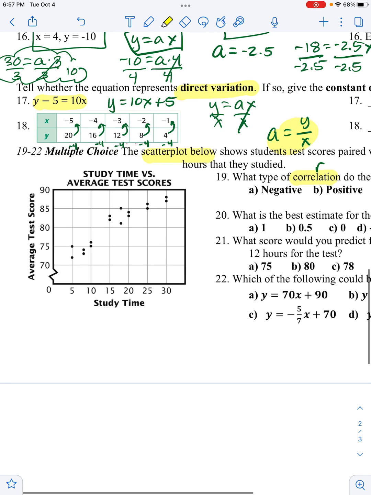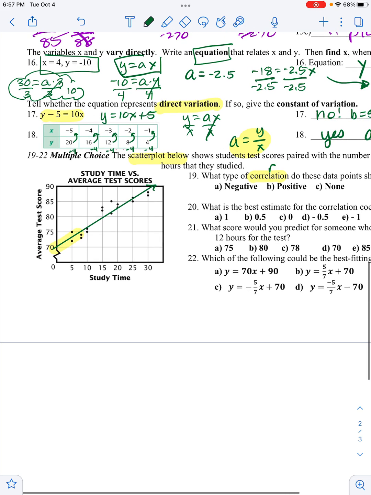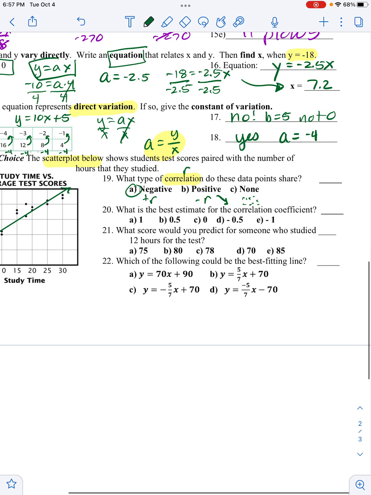So if you look at it and you were going to be doing your line of best fit, you would be going like that-ish. It doesn't have to be perfect to see that that is going up from left to right. And so it has a positive R. Negative R would be coming down from left to right, and none would be totally random. So it's certainly not random, and it is going up from left to right, so then I'm going to have an A for my answer.